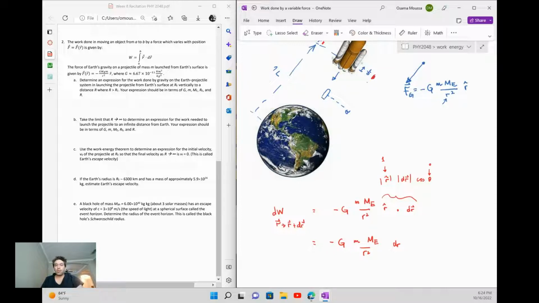Of course, this is a scalar product, so it outputs a scalar, which is a good thing because work is a scalar quantity, so I'm expecting the whole expression here to give me a scalar.